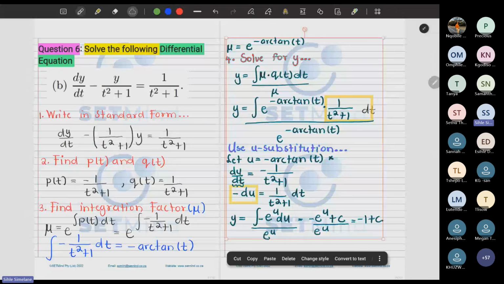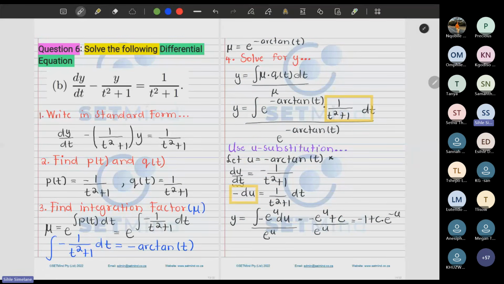Therefore, our answer, guys, y is simply negative 1 plus c times e to the power of, remember our u was negative that, meaning now my answer is just going to be arctan of t.